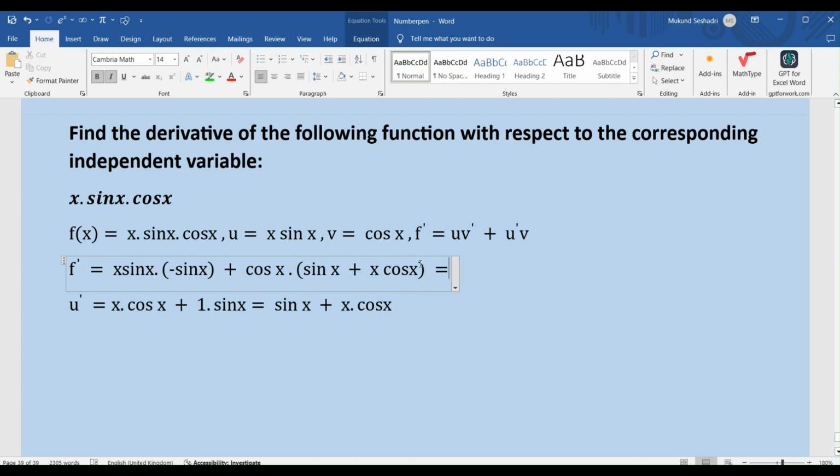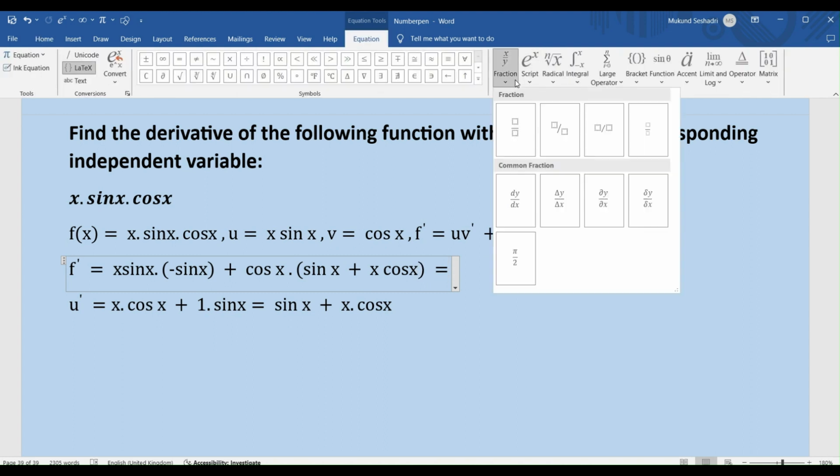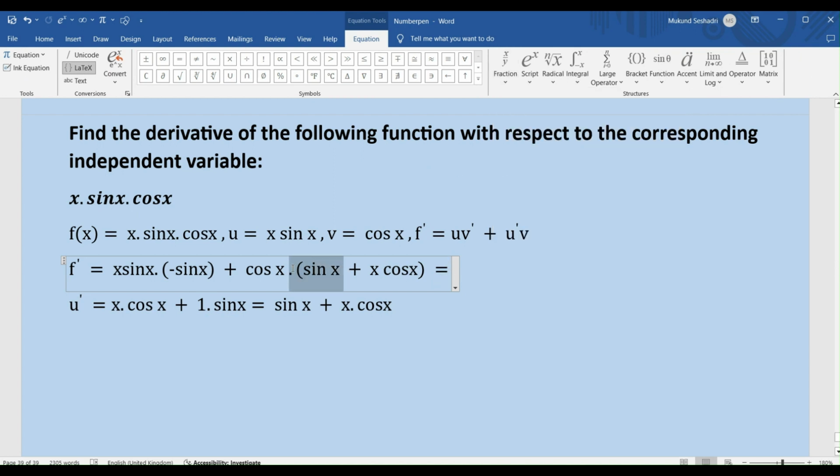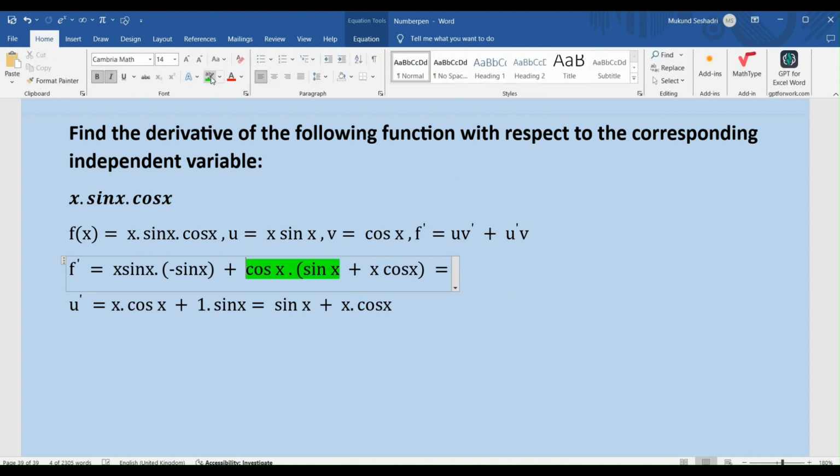And now I have cos x sine x. I'm just going to write this expression again. I'm going to write this now, the one which I highlighted in green, which is my cos x dot sine x. And then I have x as a common factor. Let me highlight the remaining portions in yellow.